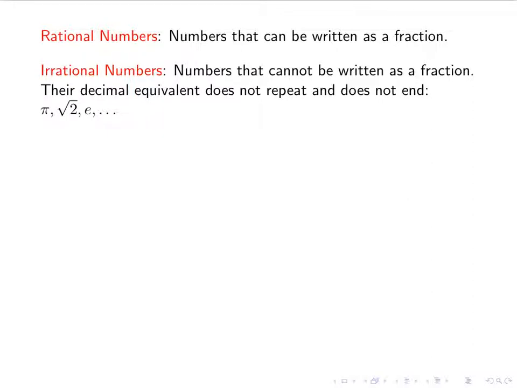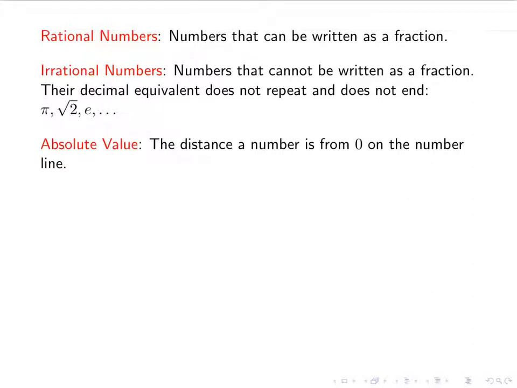So any number that's rational, if I write it as a fraction, I can change it to a decimal, and their decimals either end, 0.25, or they repeat, 0.2525252525 forever and ever and ever. Irrational numbers, they neither repeat nor end. Some examples include pi, the square root of 2, e, and so forth.